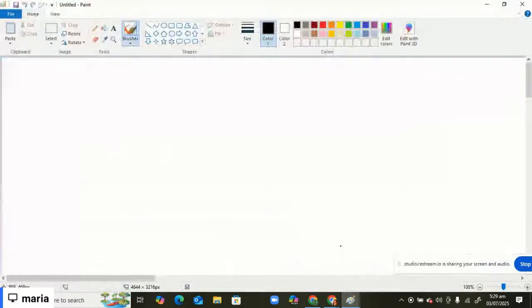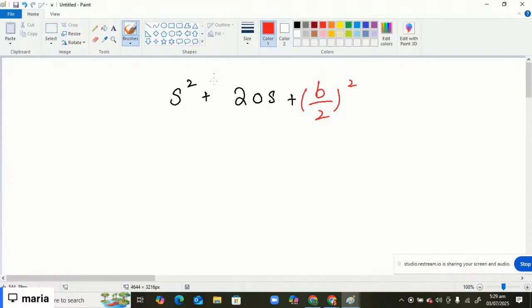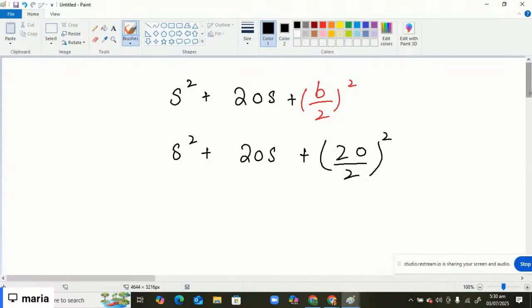s square plus 20s plus b by 2 whole square. Now s square plus 20s plus, what is b? 20 by 2 whole square.